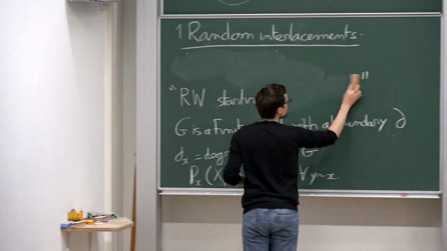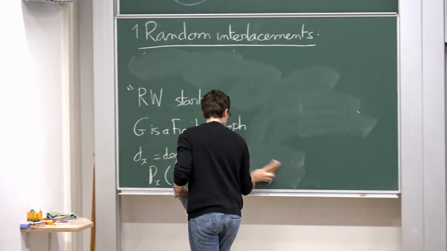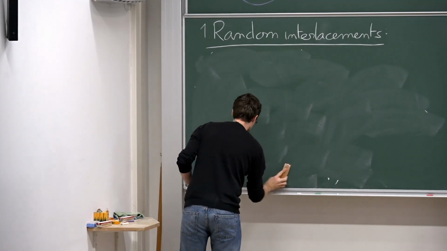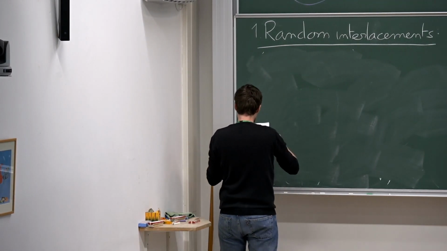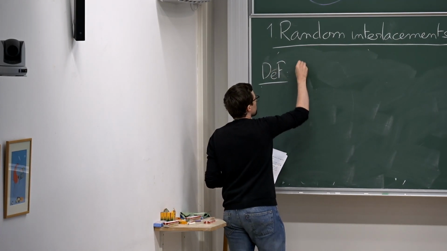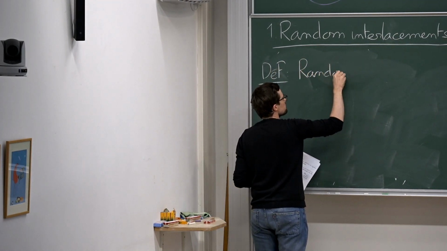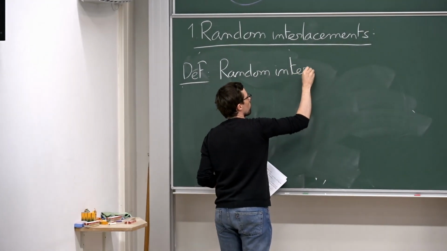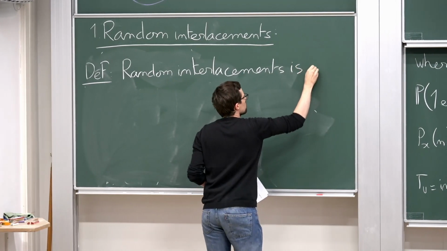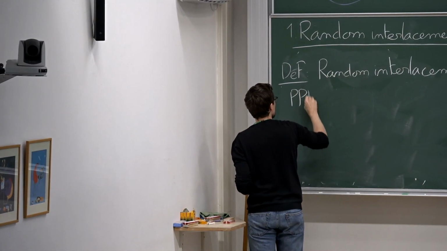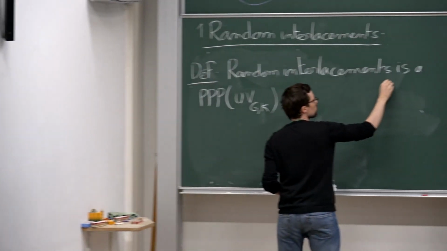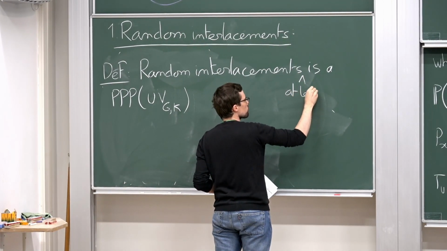And so what is random interlacements? Well, as before, I take a Poisson point process with this intensity measure. Random interlacement is a Poisson point process with intensity u times nu G. So maybe I should say random interlacement at level u, and u is your time, your parameter.